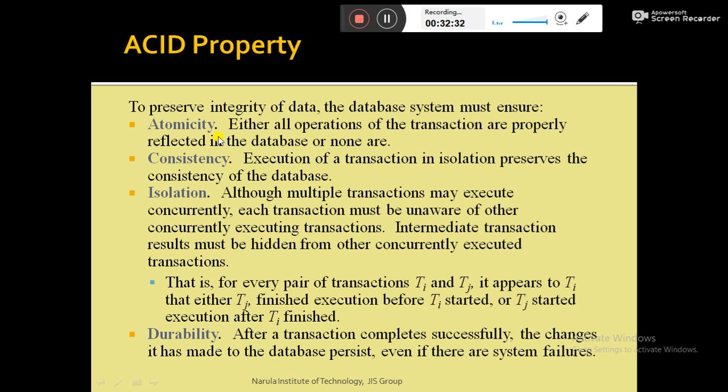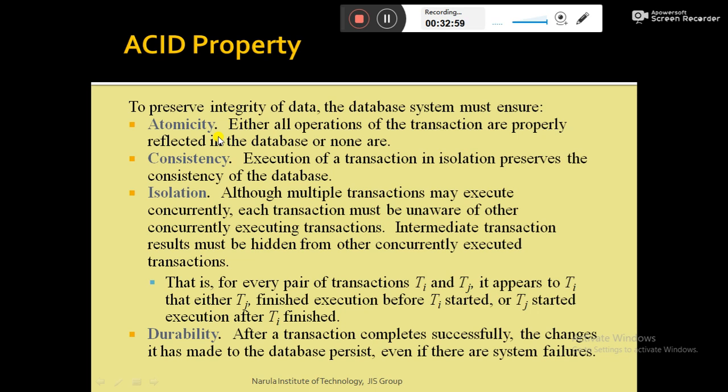Either all the operations belonging to a particular transaction happen in their entirety or not at all. That means if there are, suppose, 4 or 5 operations in a transaction, either all 4 operations are performed or none. If out of 4, 3 operations are performed and 1 operation is not performed due to failure, then that should not be the case. Either all the operations are performed entirely or not at all.